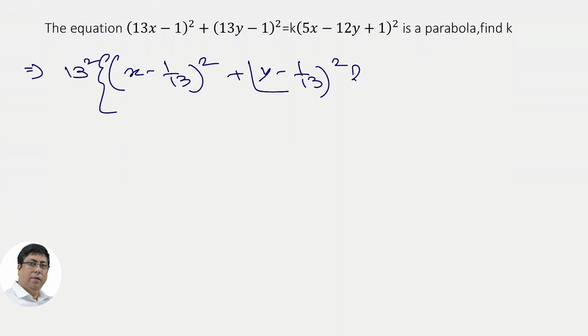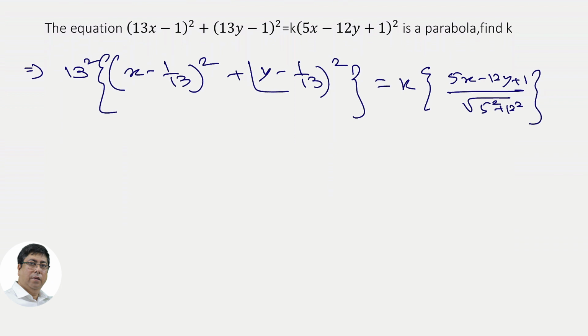square equal to k into, if I write like this, five x minus 12y plus 1 by root over 5 square plus 12 square whole square.